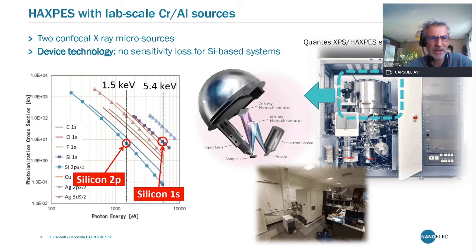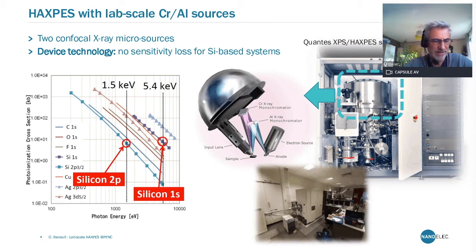So we have effectively two confocal X-ray microsources with the smallest X-ray spot in the range of, say, 7-15 micron. You have a picture of the instrument as it is currently installed at CEA Grenoble next door.